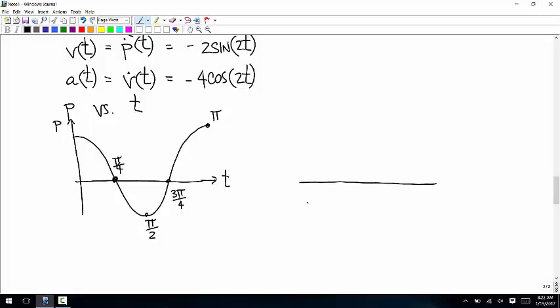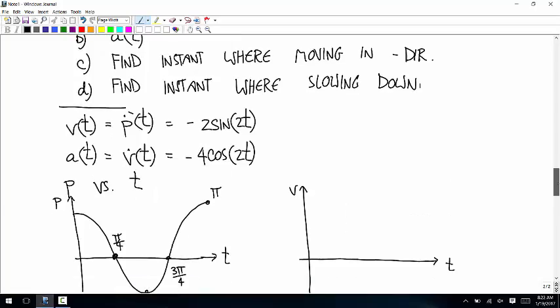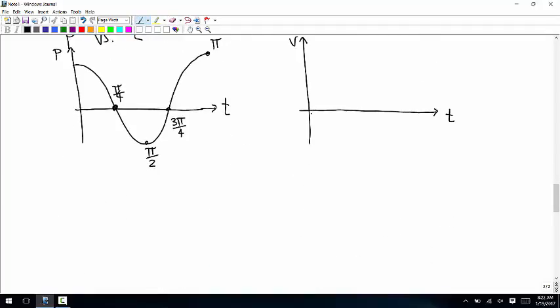And then we can do a graph of the velocity versus time. That's a negative sine function, so it goes like this. And again, all of these points are half of what they would be if it was just a regular sine function. The amplitude is twice as big, but this would be pi over 4, pi over 2, 3 pi over 4, and pi.